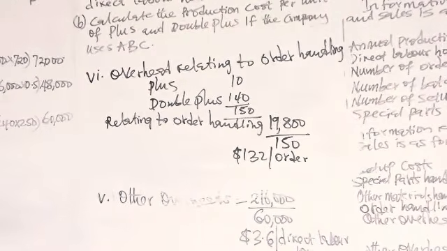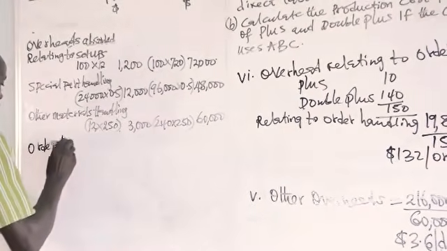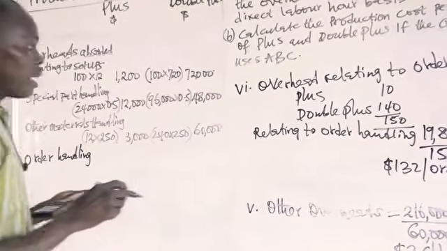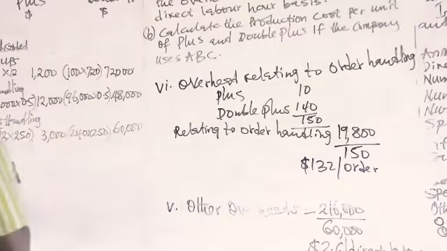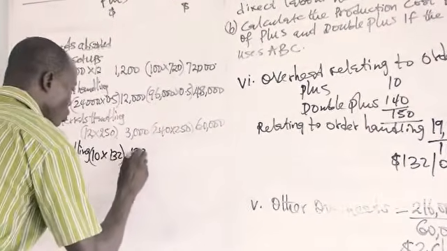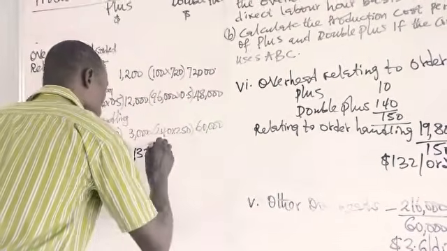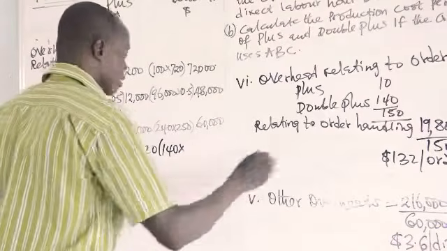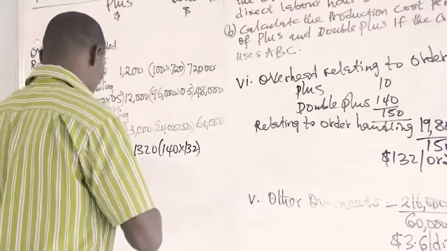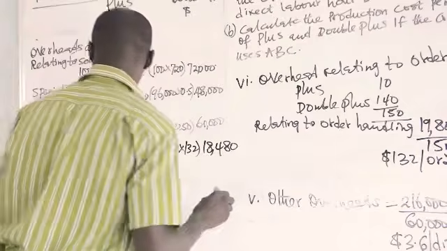So overheads relating to order handling now. The number of orders for plus is 10, 10 times 132, 1,320. For double plus, we have 140 times 132, and that will give us 18,480.